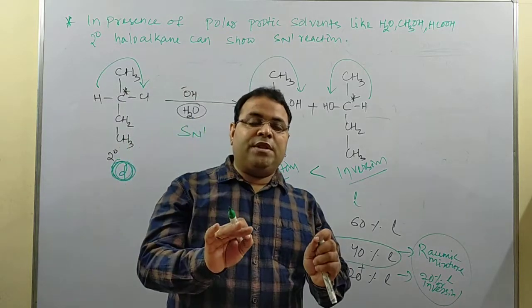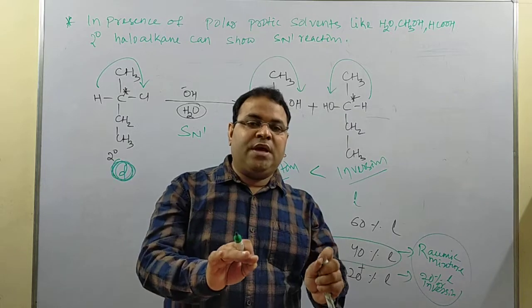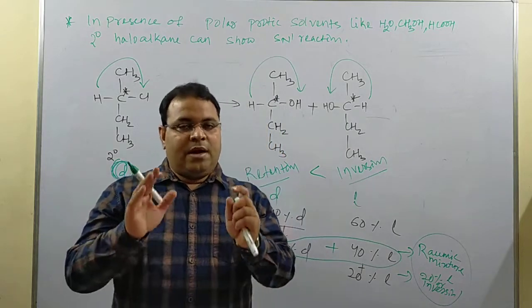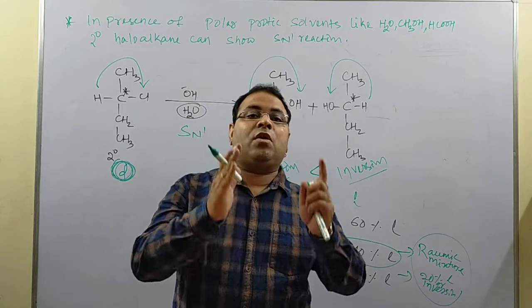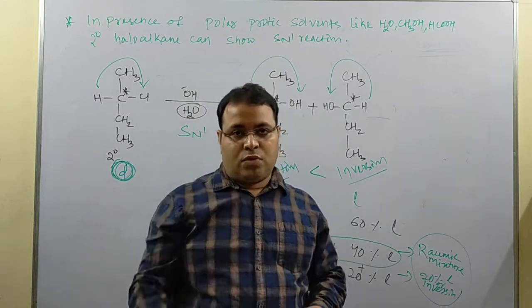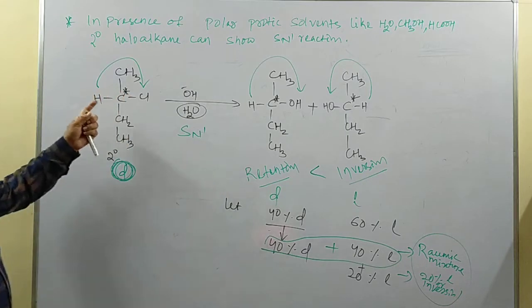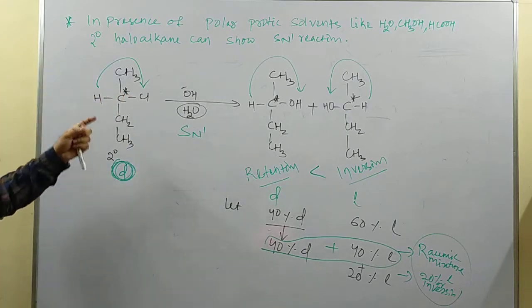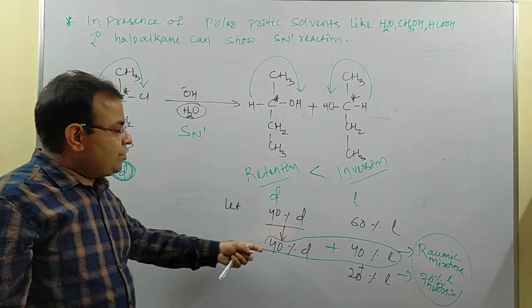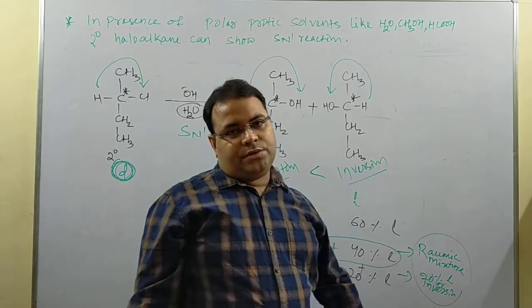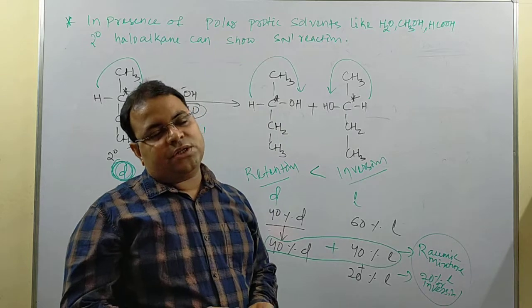So if in the exam the question is a true or false statement, and it is given that the SN1 reaction will show racemic mixture and inversion, it's a wrong one. Not necessarily, it may or may not show. But if it is a chiral, optically active one, then SN1 shows racemic mixture and inversion. Hope you can understand this one.